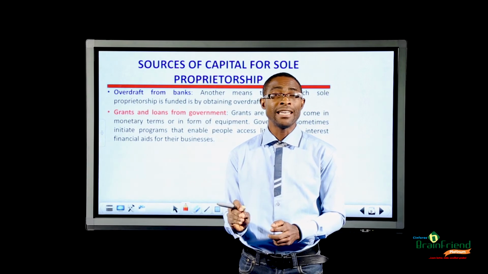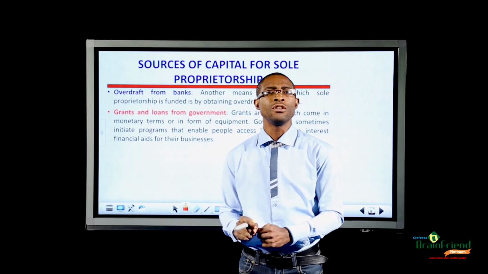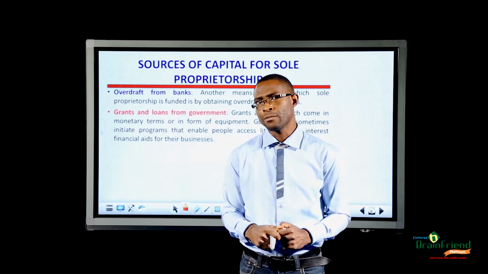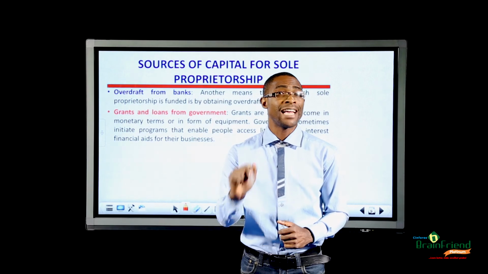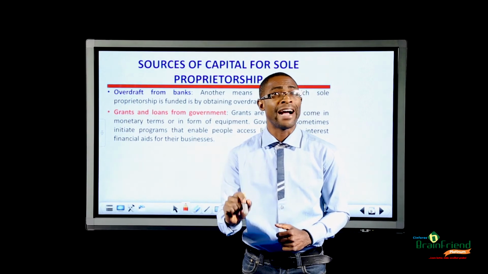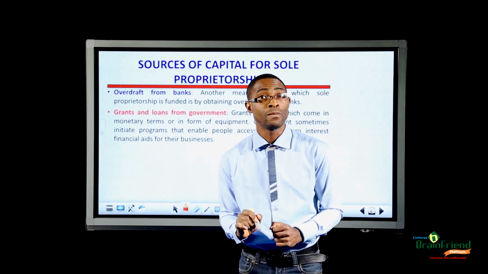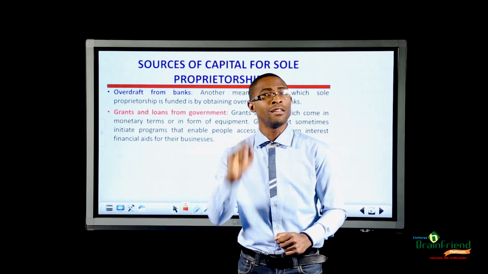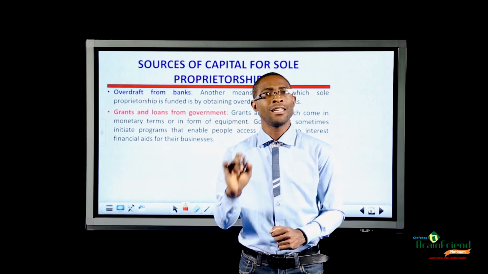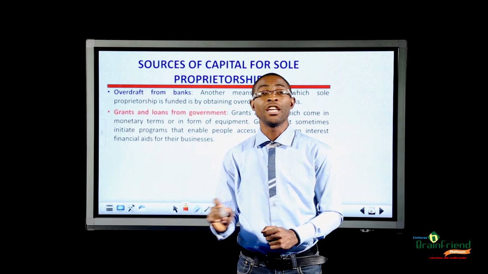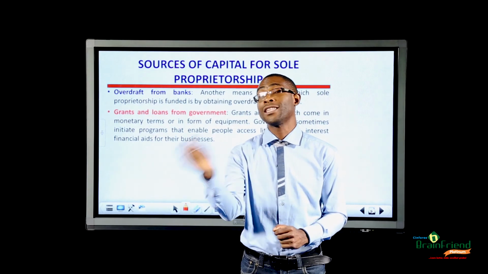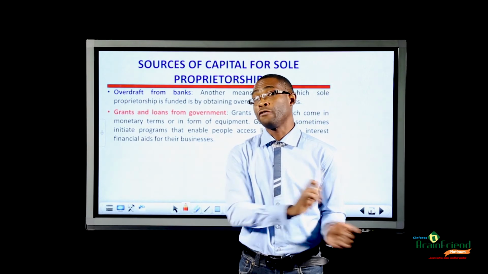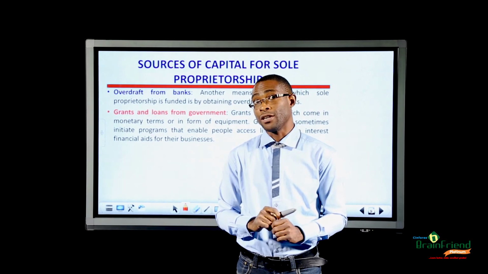Please, I need a certain amount of money to fund my business. Don't forget, at this point, Mr. Okon's bank account is 0 naira, but he is expecting money at the end of the month. And the money he's expecting is equivalent to what he wants to take, or greater than what he wants to take from the bank as an overdraft.